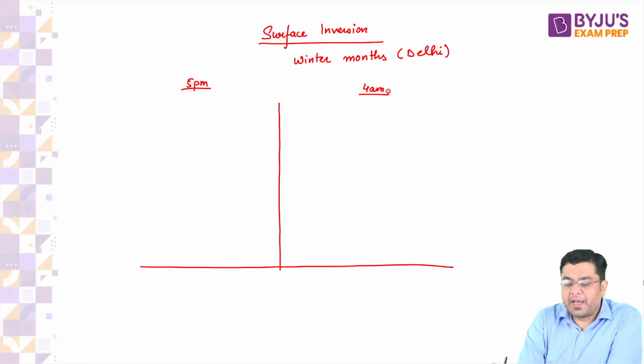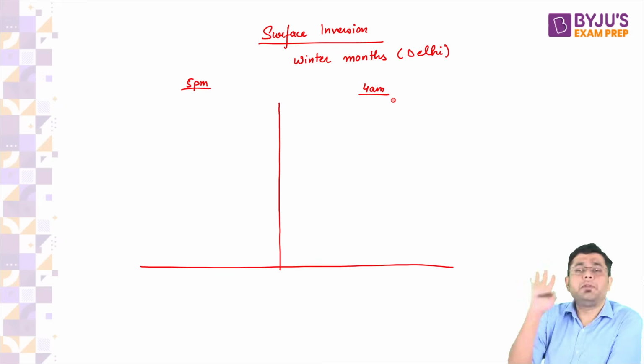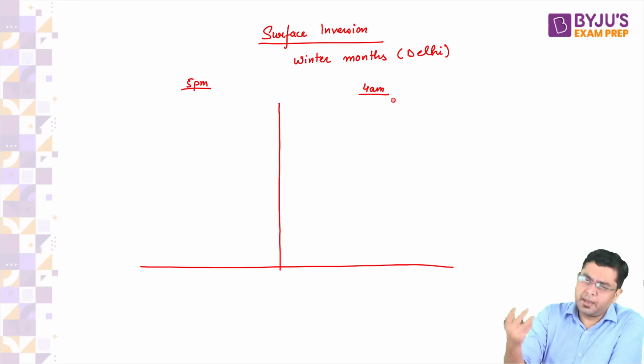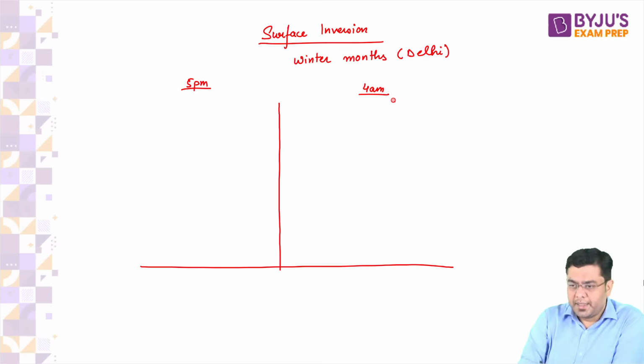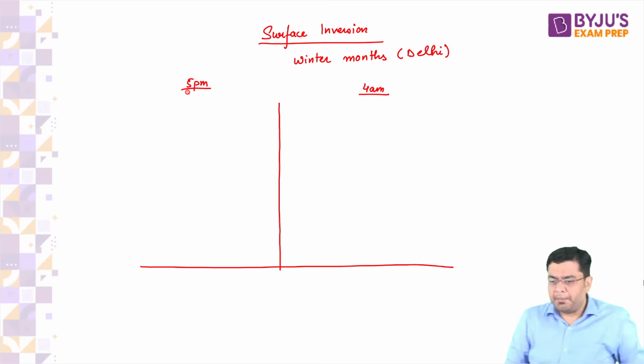Okay. Now, please don't ask me why only 4 a.m. Earlier, I had given you the example of 3 a.m. Now, I'm giving you the example of 4 a.m. You can take the example of 2 a.m. as well, 1 a.m. as well, anytime at night. Okay. Why only 5 p.m.? You can take any other example, whatever you like.